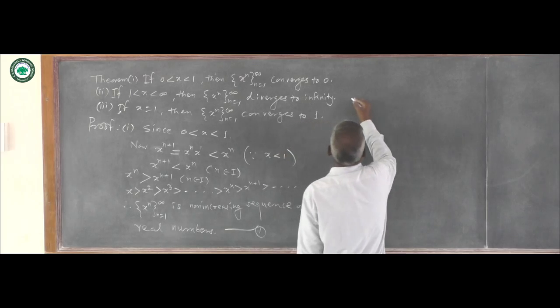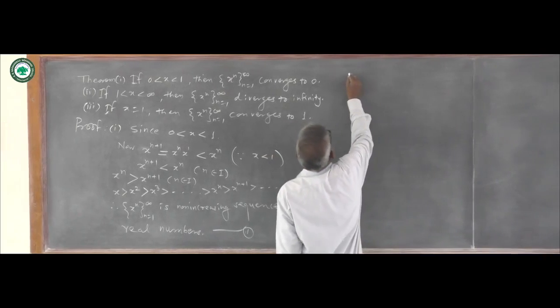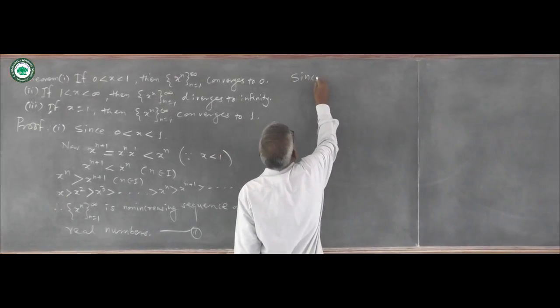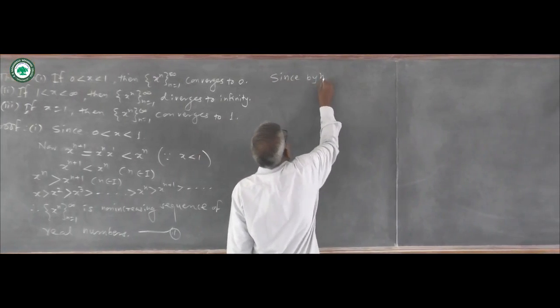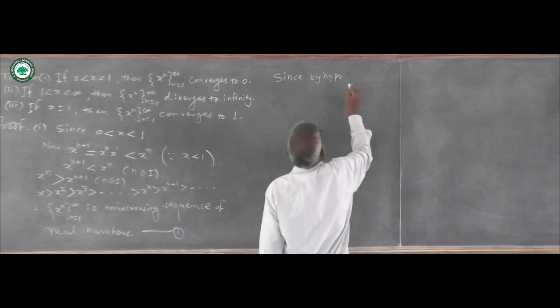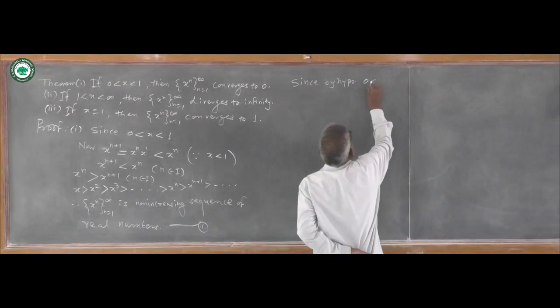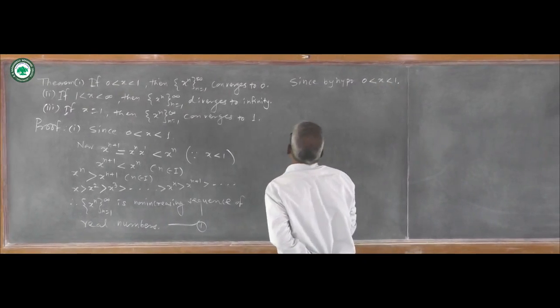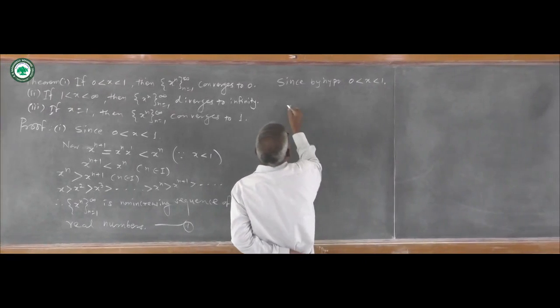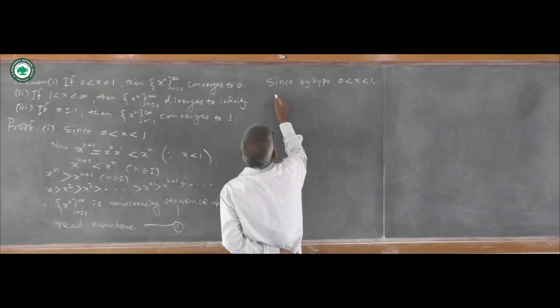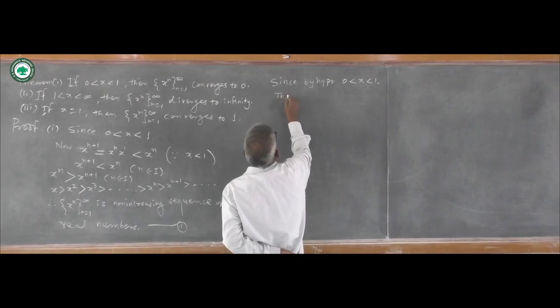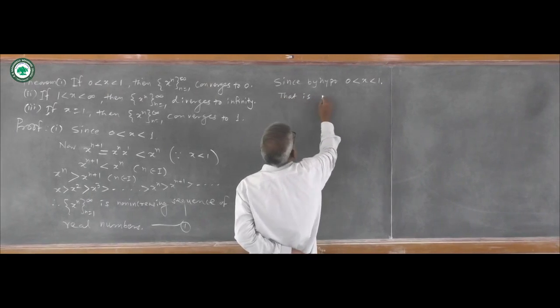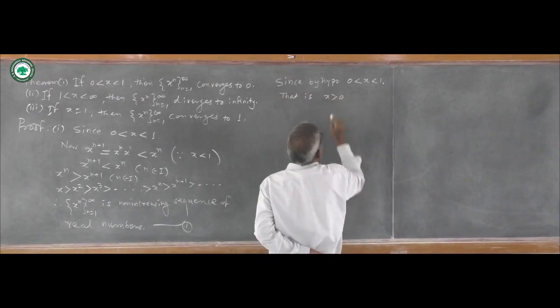Since by hypothesis 0 is less than x is less than 1, that is, x is strictly greater than 0.